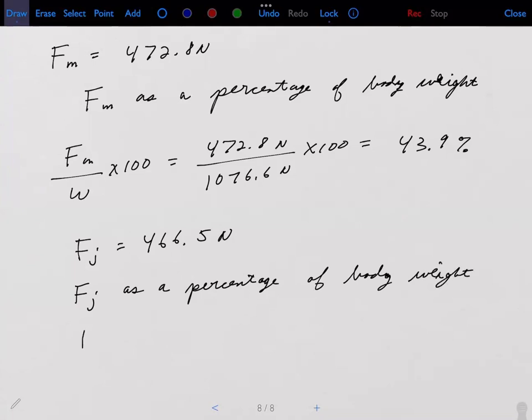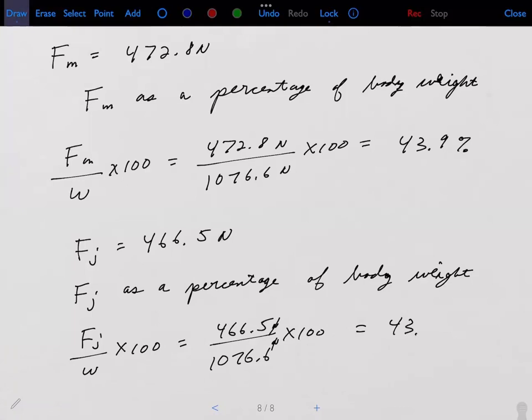I would take the joint force, divide by the total body weight times 100. So in this case, it'd be 466.5 divided by 1,076.6 times 100. These are both really newtons, but those newtons will cancel. I'm going to get 43.3%.